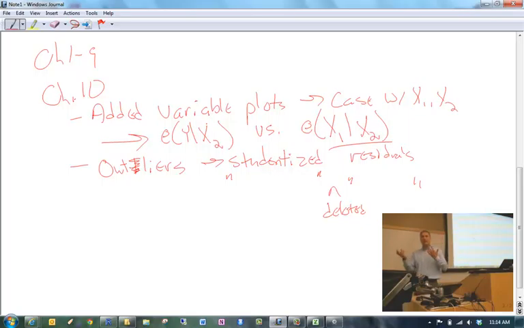Again, that's where the t distribution comes in. We also talked about Bonferroni adjustments to this t distribution value that we look at in order to make a judgment about whether something is potentially an outlier.